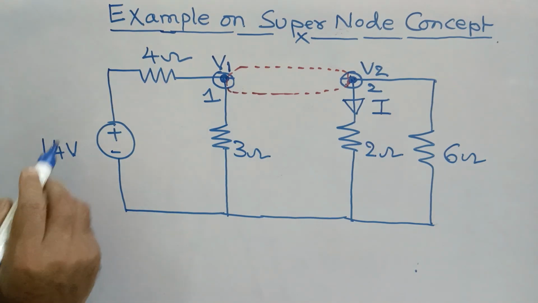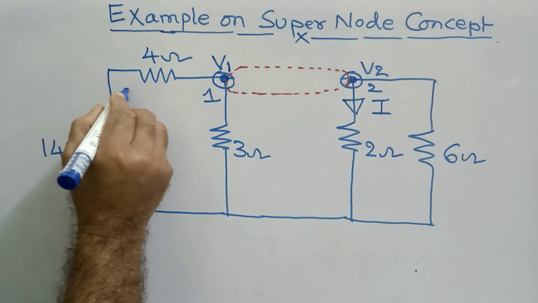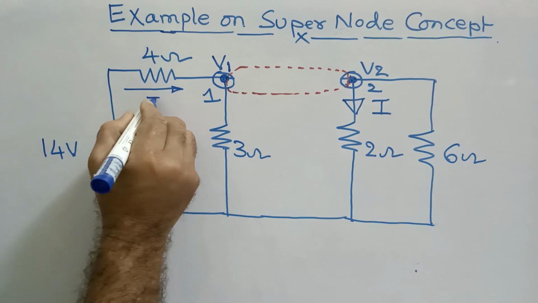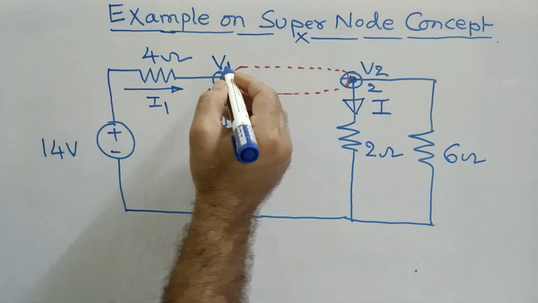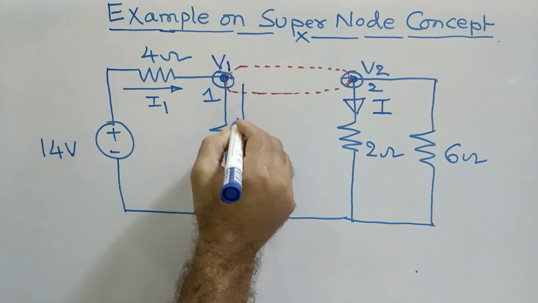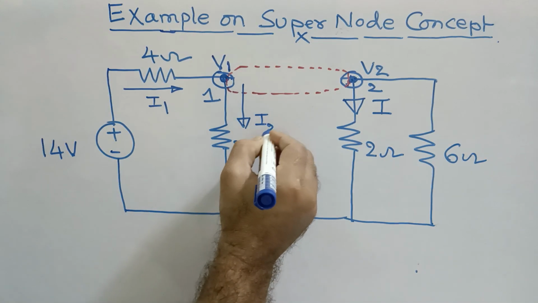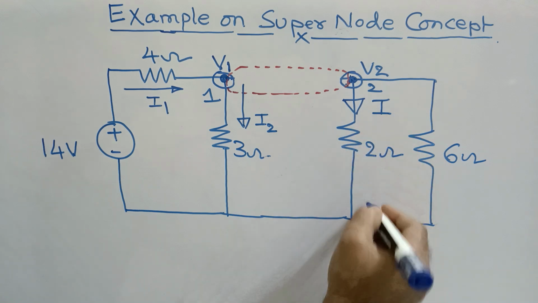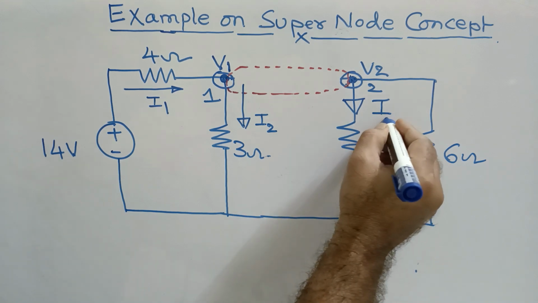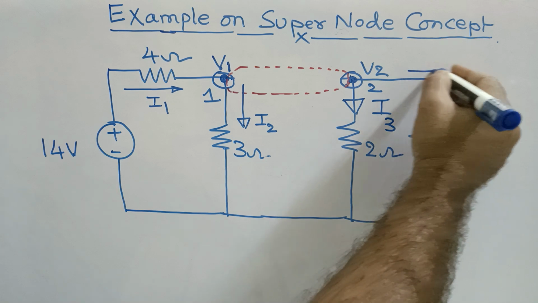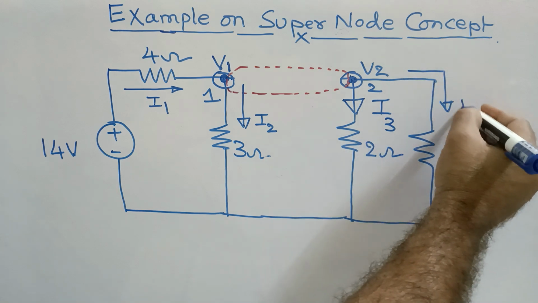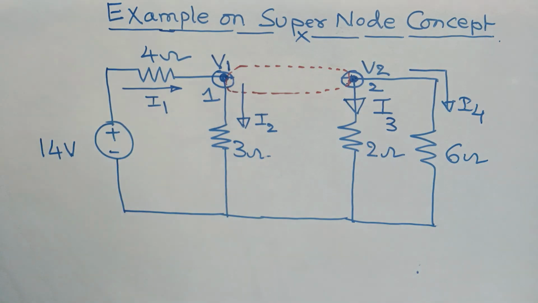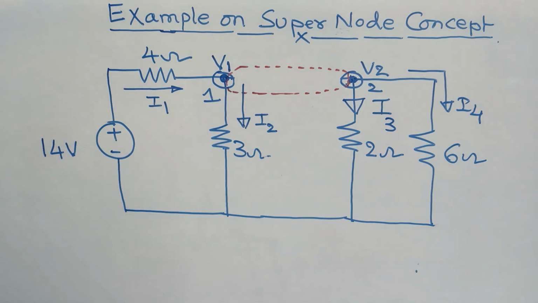With respect to 14 volts, assume that current I1 is flowing here. With respect to V1, assume that I2 is flowing. In the 2 ohm resistor, call it I3, and similarly in the 6 ohm resistor, assume that I4 is flowing.